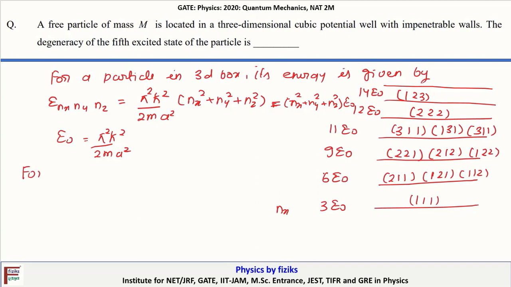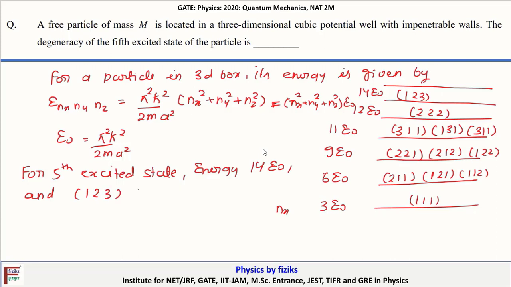So for the fifth excited state, energy is 14 E0 and its states are 1, 2, 3; 1, 3, 2; 2, 1, 3; 2, 3, 1; 3, 1, 2; 3, 2, 1. So degeneracy of the fifth excited state is 6.